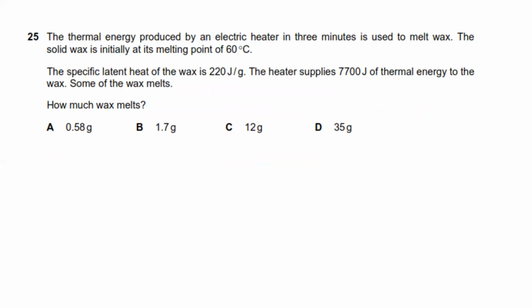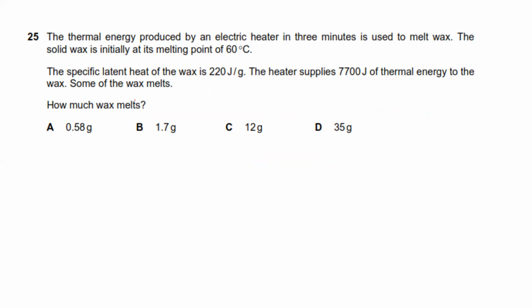Next question, question 25. The thermal energy produced by an electric heater in 3 minutes is used to melt the wax. The solid wax is initially at its melting point of 60 degrees centigrade. The specific latent heat of wax is 220 joules per gram. The heater supplies 7700 joules of thermal energy to the wax.